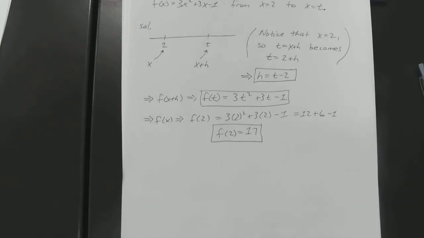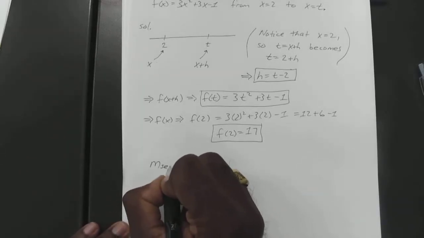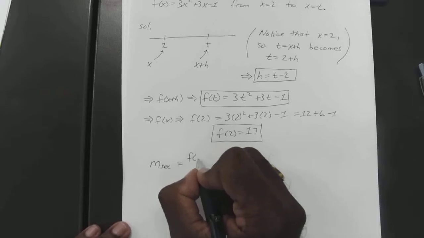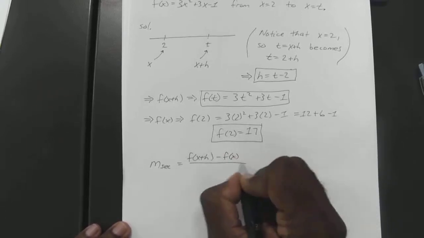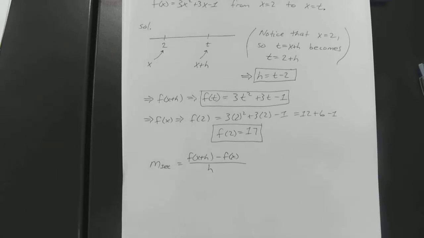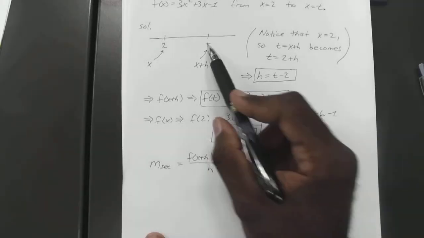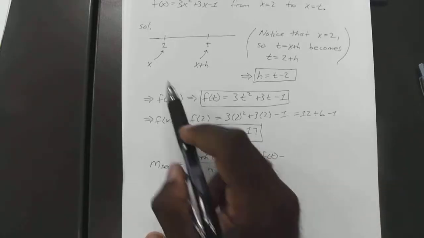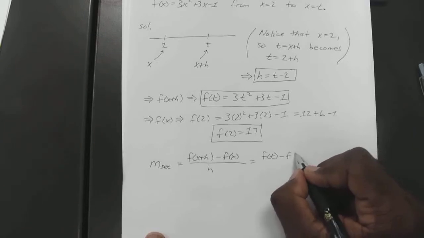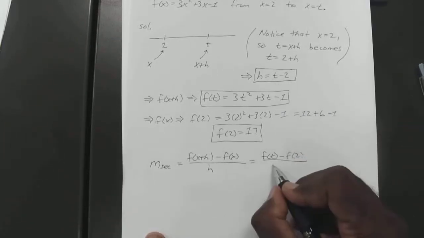All right, so now we have everything we need to find the slope of the secant line, or average rate of change. You have f of x plus h minus f of x all over h. We know f of x plus h is just f of t, minus f of x, which is f of 2, all over h, which is t minus 2.